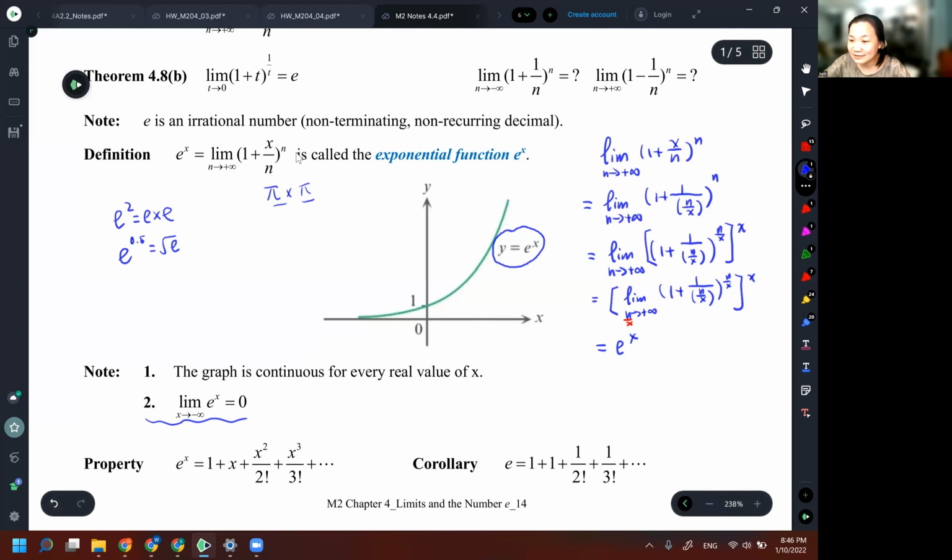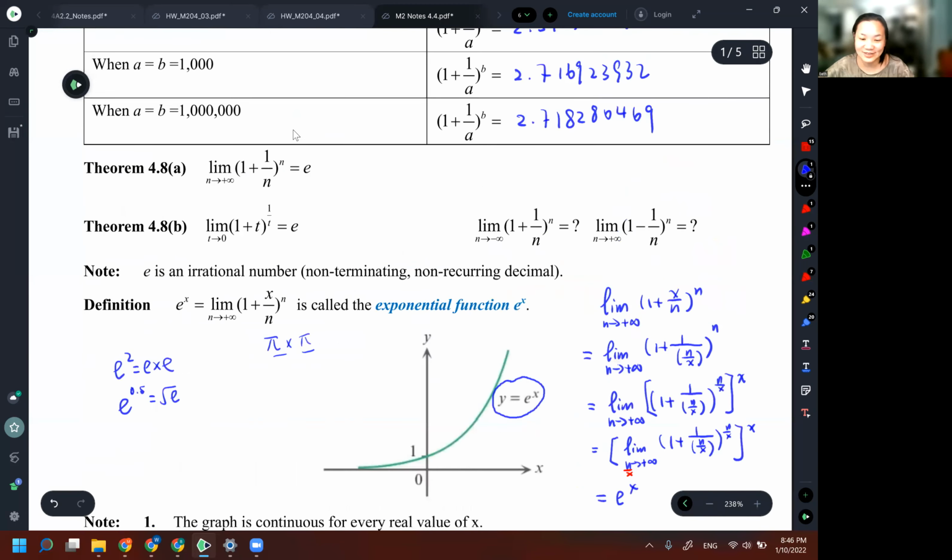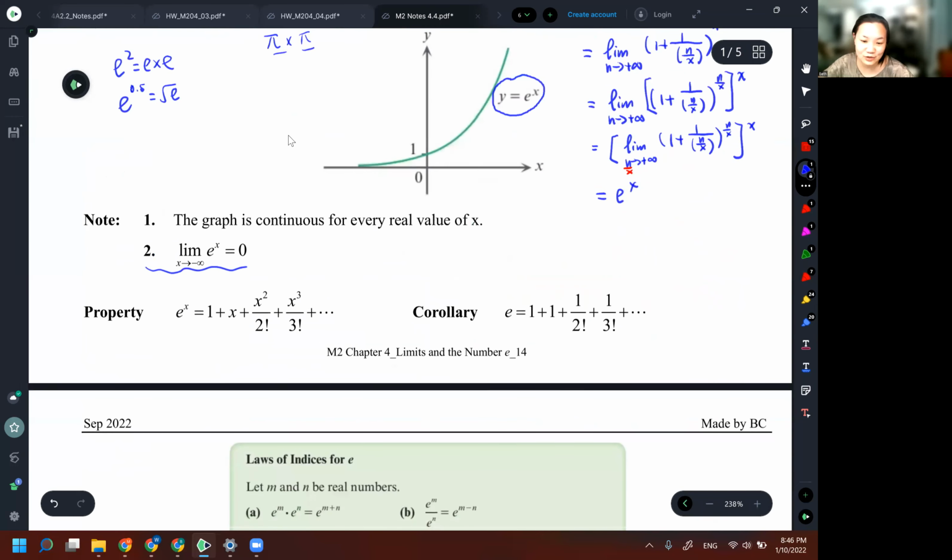You may find it weird. In the past, I also found it very weird. But right now you have a calculator. You just input and then you get a value, so you don't feel that weird. But in the past, a non-terminating, non-recurring decimal as the power was very puzzling for me. But you now know that it's all defined, like every other exponential function.